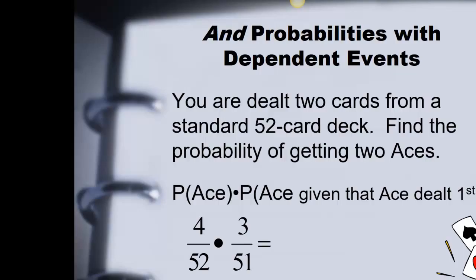And given that ace was dealt the first time, for the next event we're one less ace card, so 3 over, and we're one less card in the deck, so that's where we have 51. So 4 over 52 times 3 over 51 was reduced to 1 over 13 times 1 over 17, and we have 1 over 221.